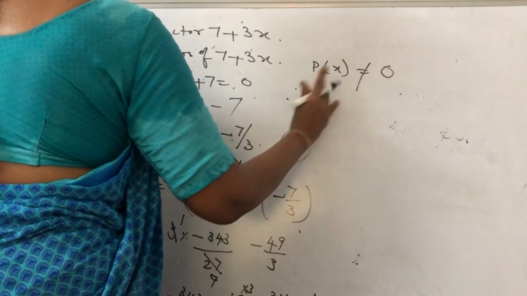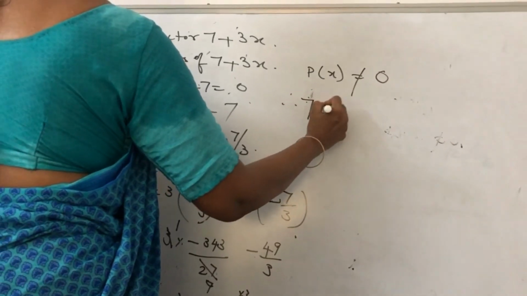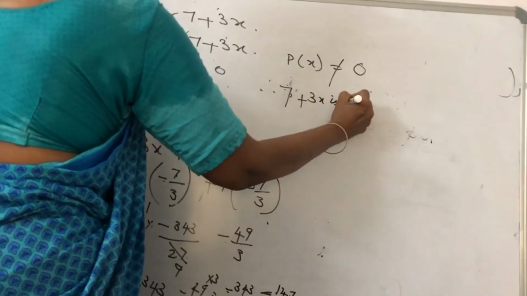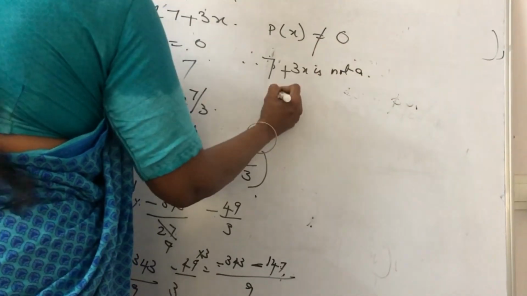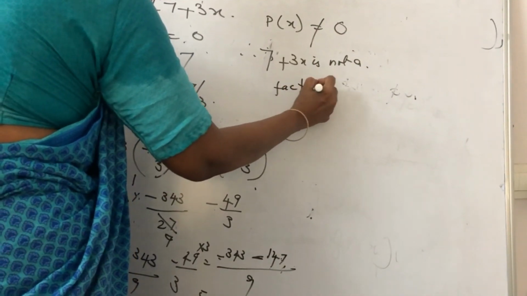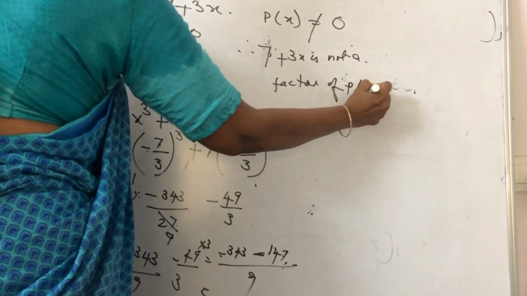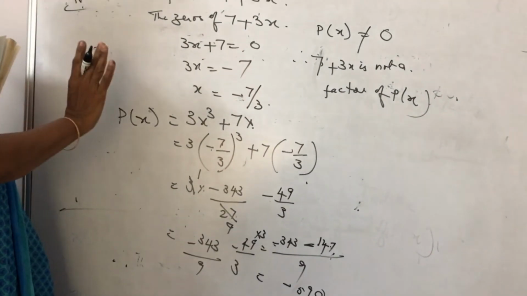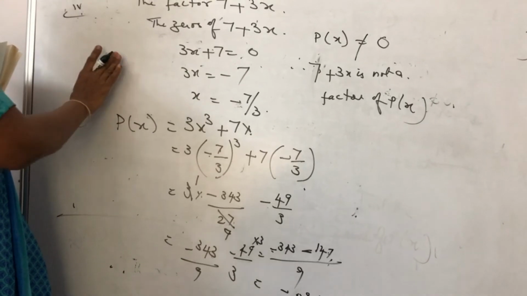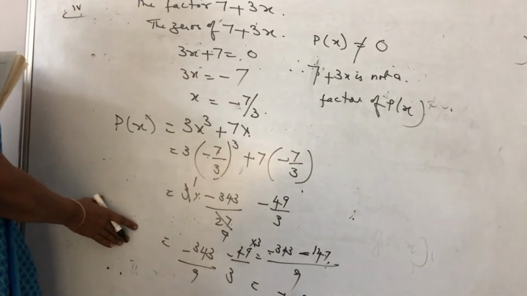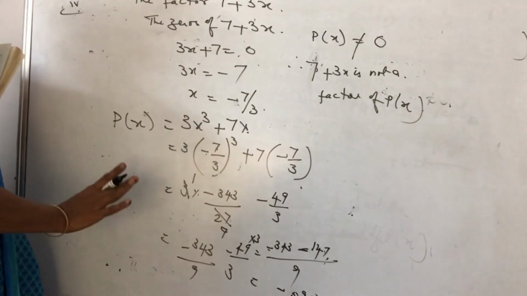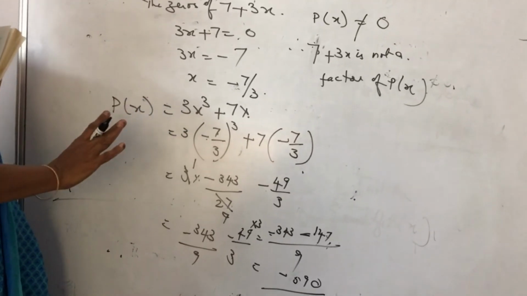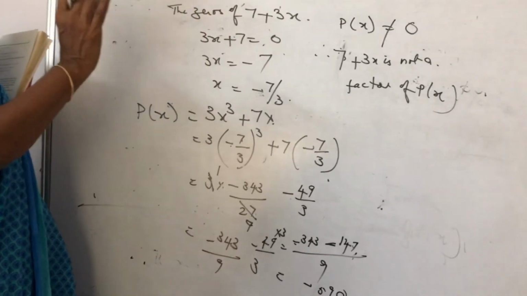Therefore 7 plus 3x is not a factor of p of x. Remainder means you will get some number. If it is a factor, children, when you substitute, the value is equal to 0. If you are not getting 0, that means it is not a factor.